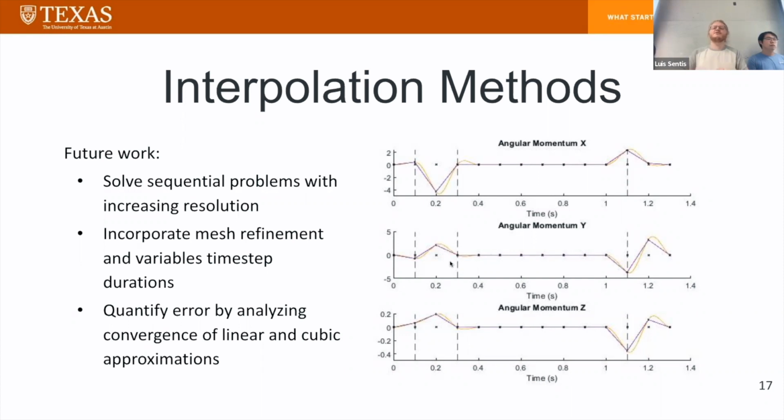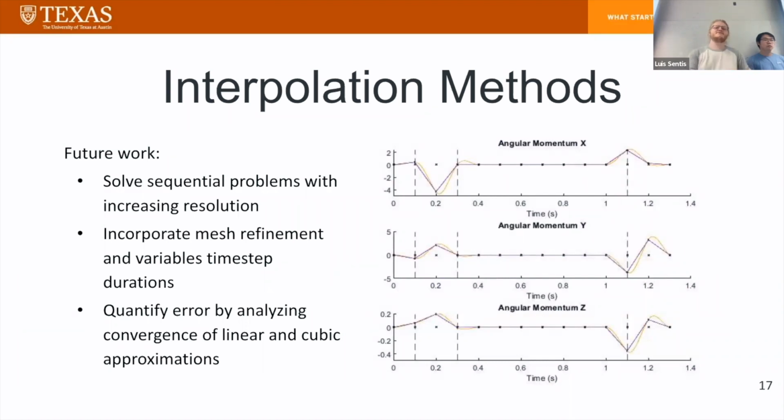A couple of open questions: you solve it with one time step, you interpolate it, you sample it, and use that as a reference for the same optimization with a much higher time step. We'll talk about it in a minute, but the initial guess is absolutely crucial for this kind of problem. So being able to solve easier problems and work your way up is really important for the sake of time and for the sake of convergence.